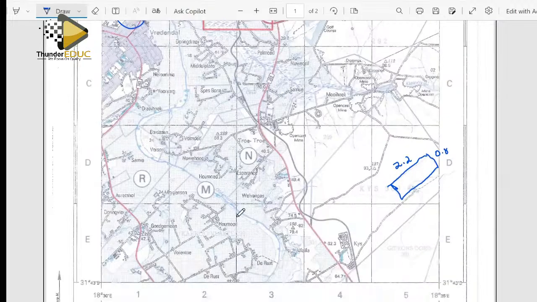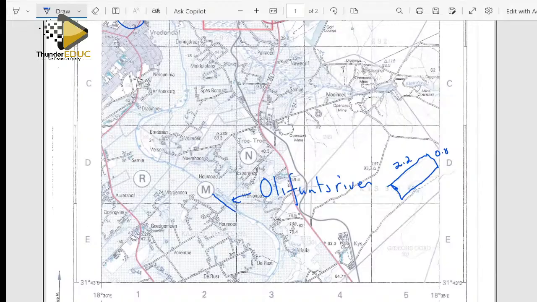And the name of the river is shown along the river here. So that river is named the Olifants River. This one is the Olifants River, labeled here.